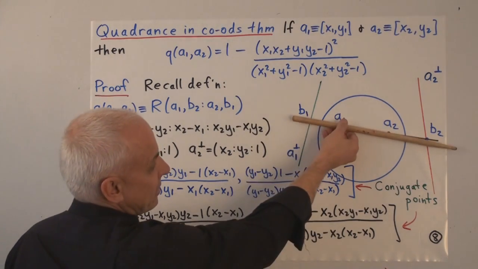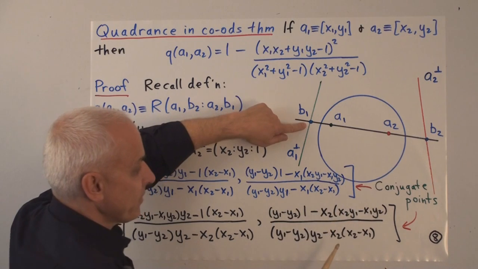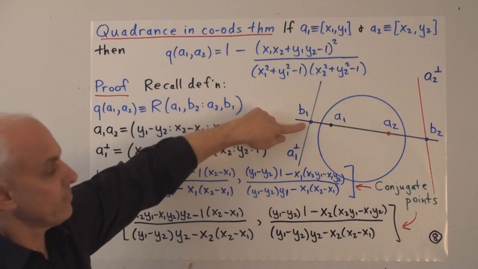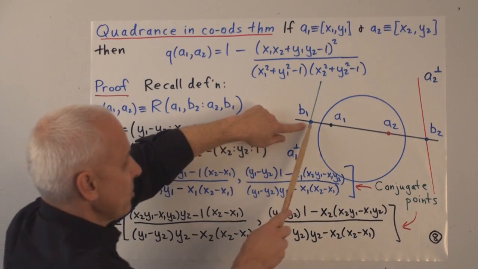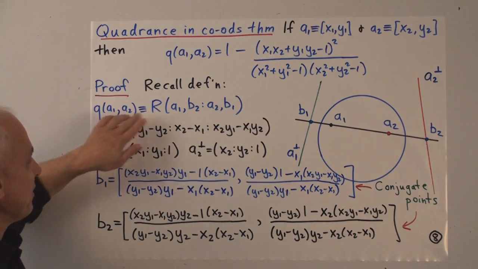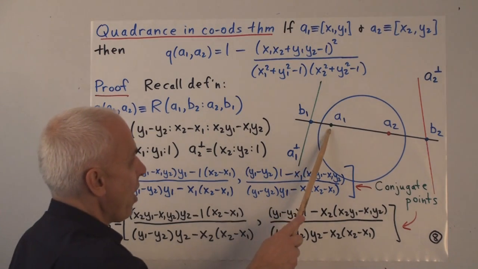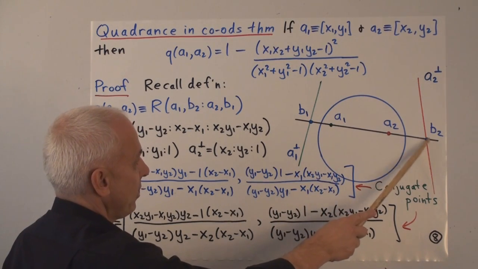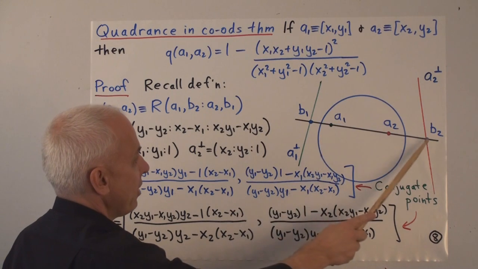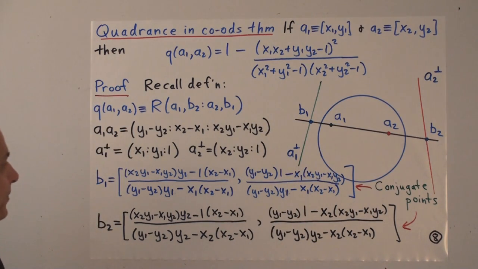They meet the line A1 A2 at these new points B1 and B2, which we might call conjugate points. And in terms of B1, B2 and the original A1, A2, the quadrance was defined to be a cross ratio. The cross ratio of A1, B2 to A2, B1, in that order.